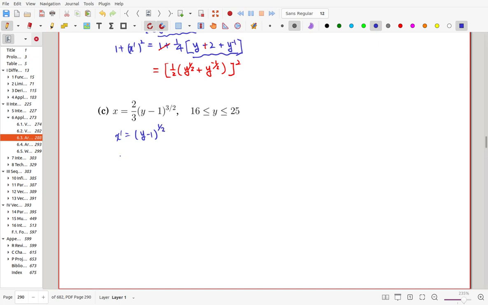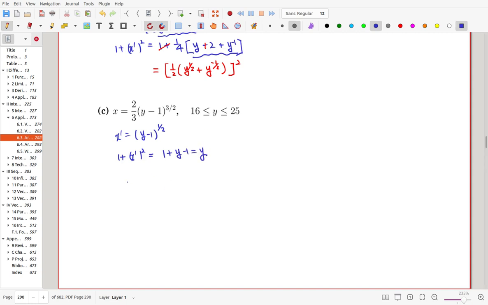So here 1 plus x prime squared is the same as 1 plus, that is power squared, then that is y minus 1, so that we have y.